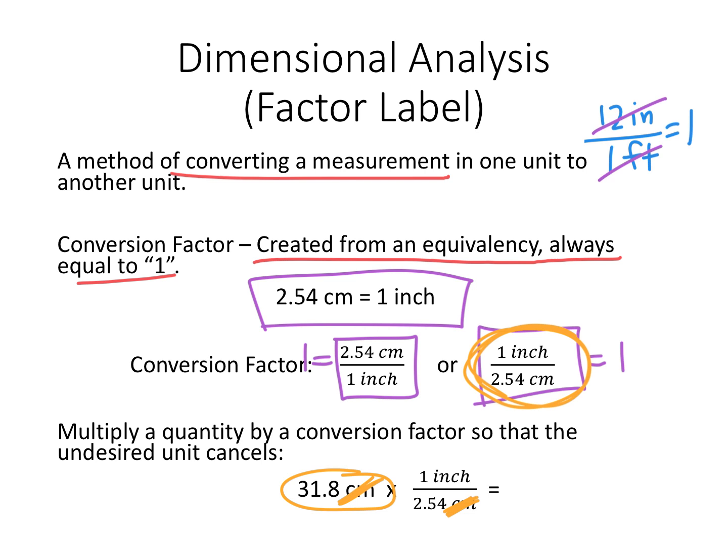And 31.8 times 1 divided by 2.54 is 12.5. And so then our unit that's left over is inches. So we have the same equivalent distance, 31.8 centimeters is 12.5 inches, but a different number in front because we have a different unit represented.